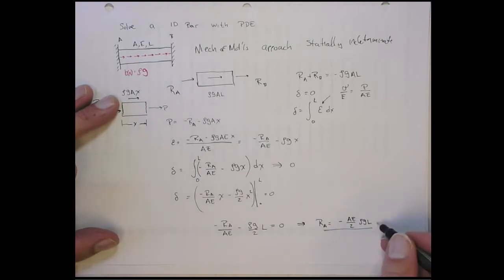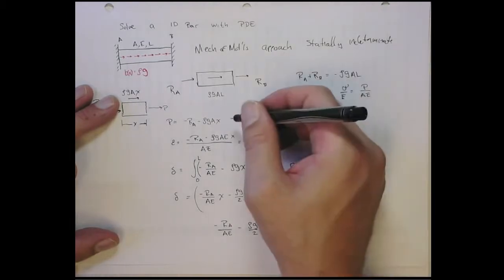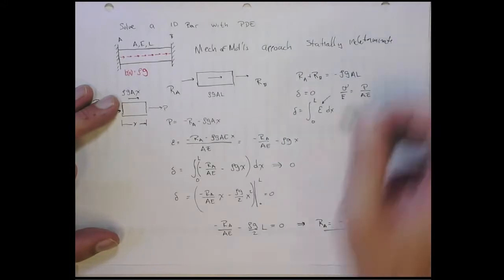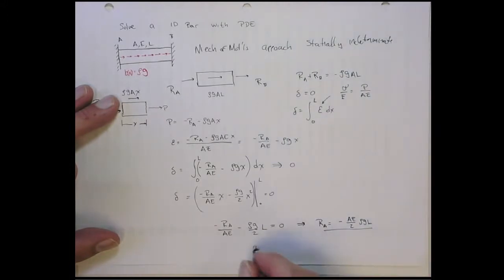Now I have one reaction force. I can use that in equilibrium. Where's equilibrium? And now I can get that RB is equal to minus rho g A L. Why do I got an E? I've got an extra E floating around somewhere. Shouldn't that E have dropped out?